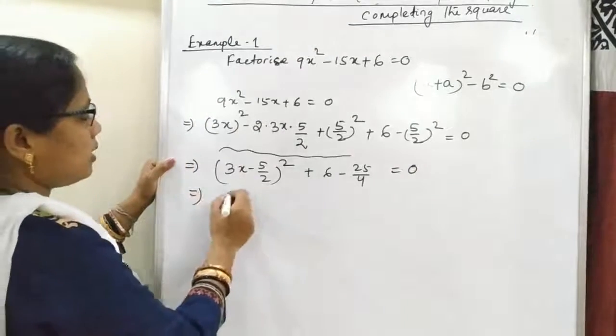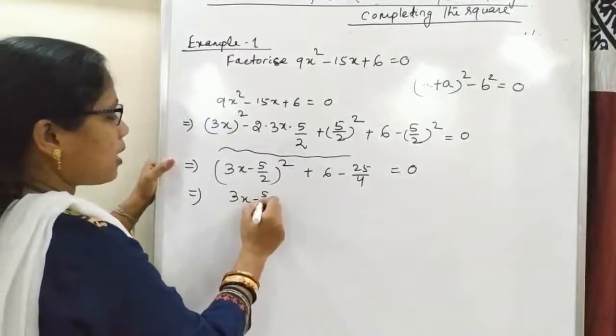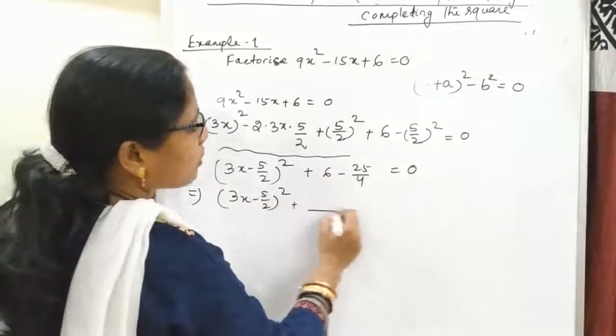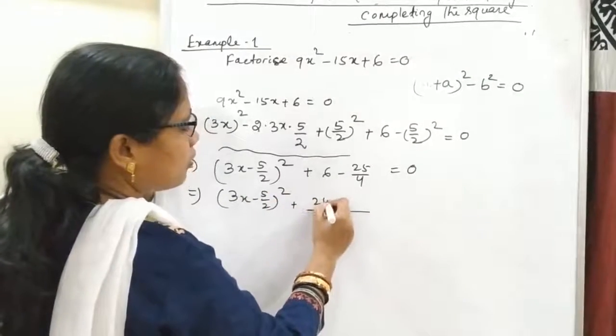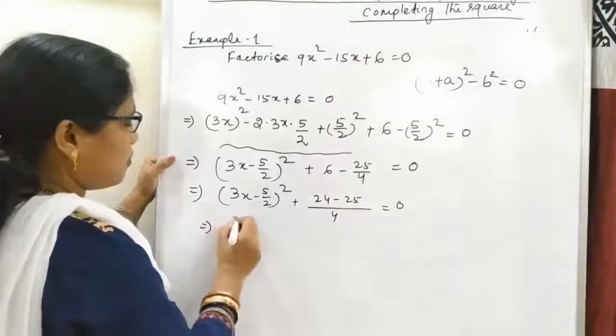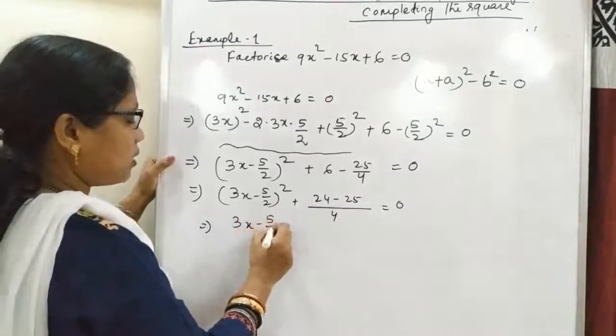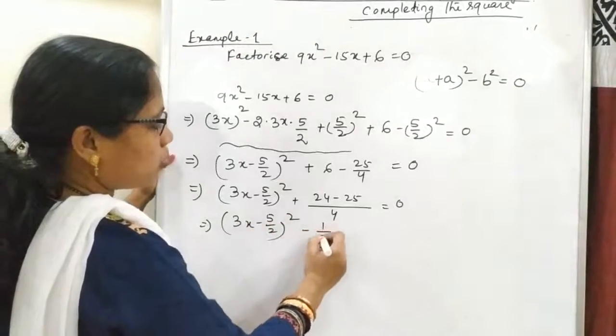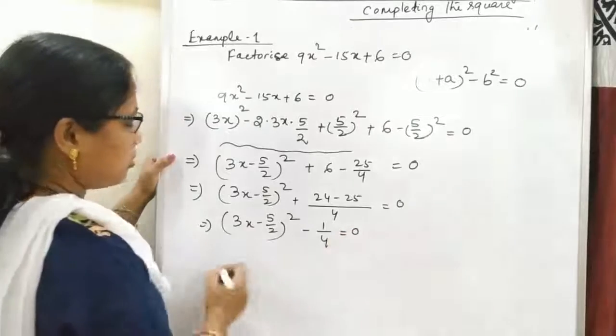So this implies 3x minus 5 by 2 whole square, and 24 minus 25 over 4 is minus 1 by 4, is equal to 0.